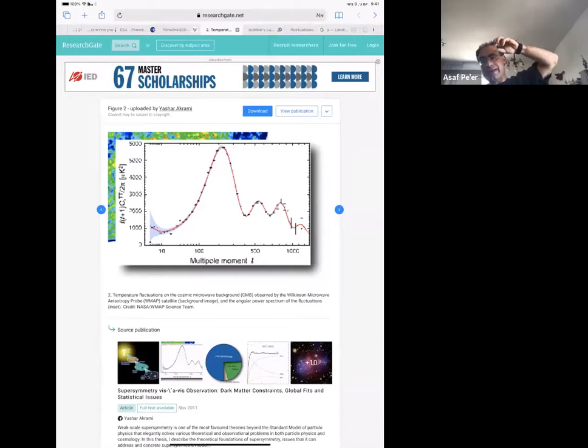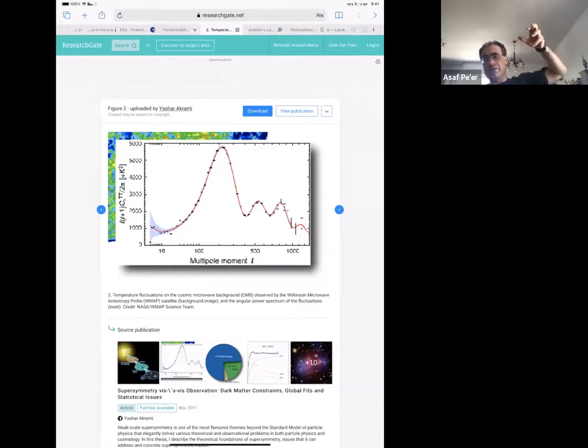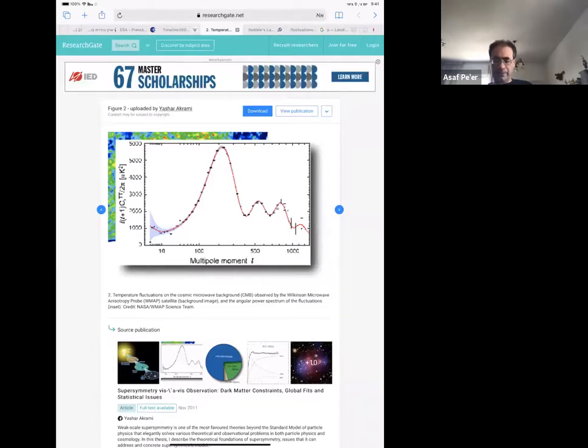Regions that were slightly higher density, using gravitation, attract more matter, which increased the gravitational potential, so that they ended up as the galaxies and the galaxy clusters that we're seeing today. So this can be matched, in a statistical way, to the pattern of galaxies that we're seeing today. And of course, this matches.